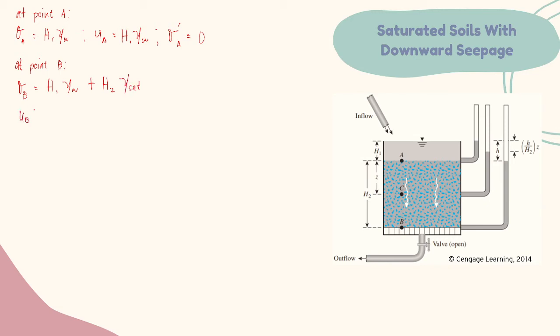But our pore water pressure at B is equal to H1 times unit weight of water plus H sub 2 times the unit weight of water minus the head loss, rather, not the hydraulic gradient, H times the unit weight of water.